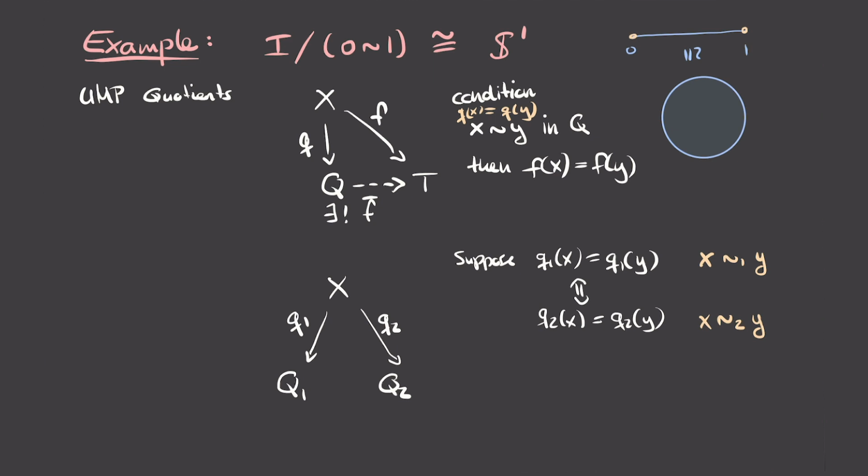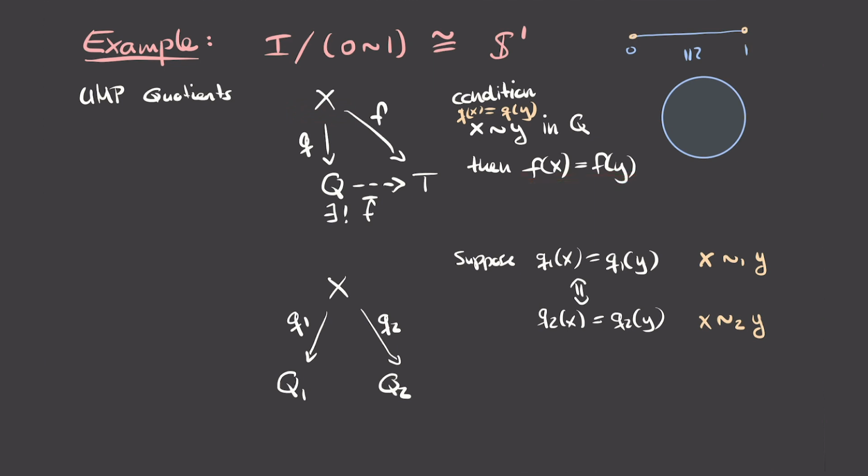So it's saying the condition in order for the map F from X to T here to descend to a map from Q to T is that whenever Q of X equals Q of Y for any 2 points small x and small y in the space capital X, then also F must identify these points.